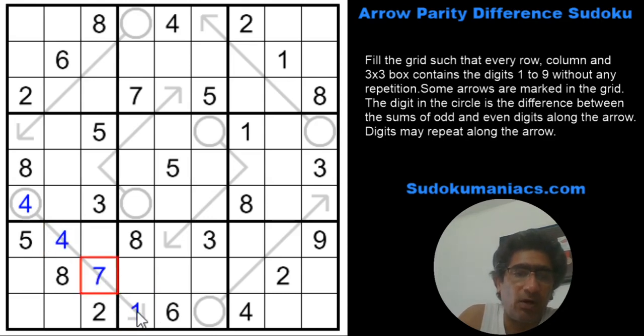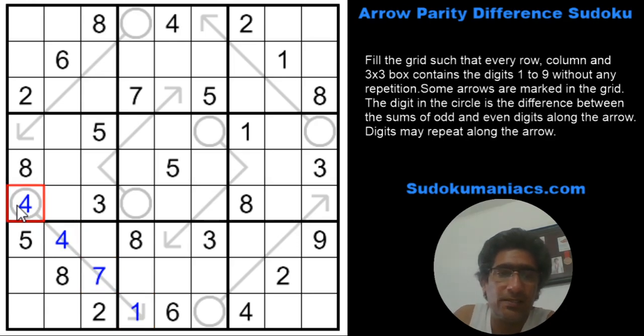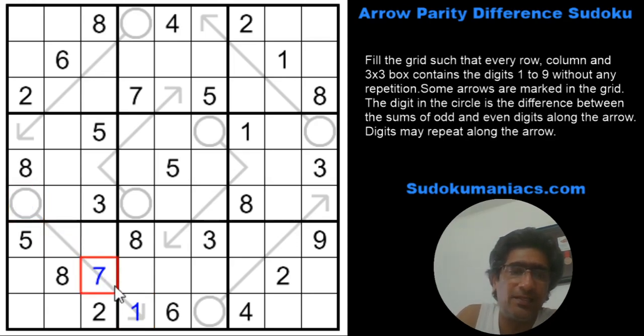So the odd digits add up to 8, right? And for even digits, there's only one even digit, 4, and the difference between 8 and 4 is what comes in the circle.